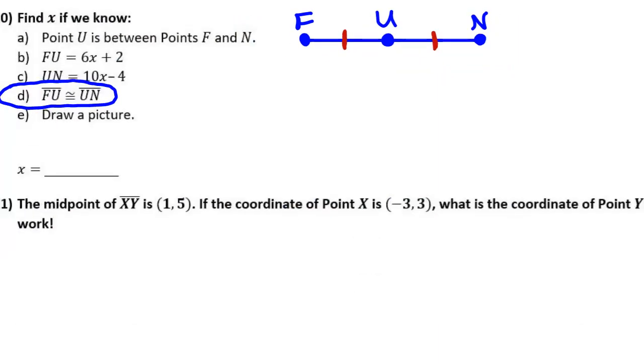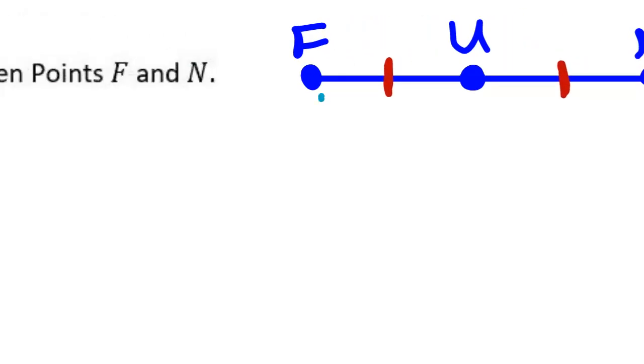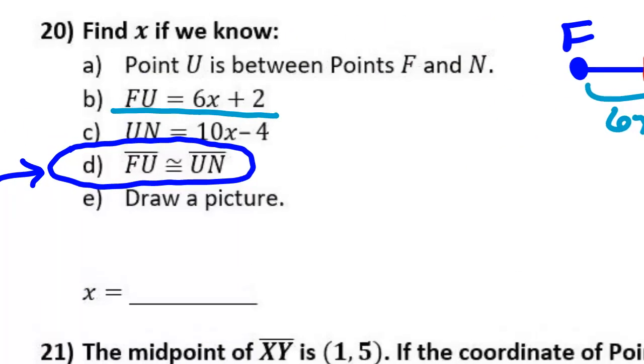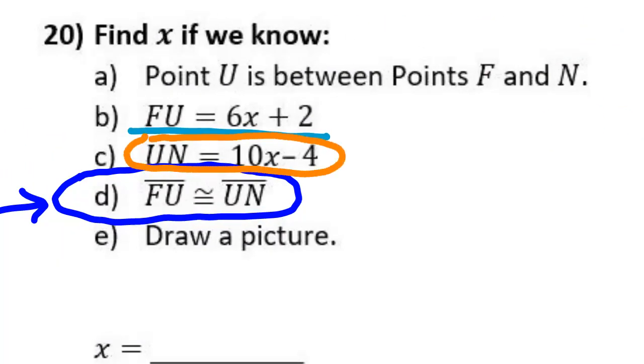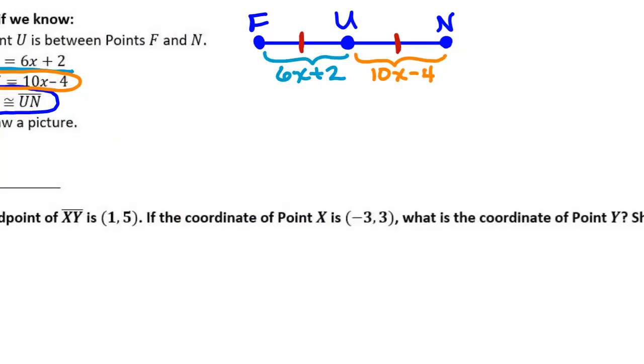All right. We know from statement B that FU is 6x plus 2, and from statement C, UN is 10x minus 4. And we are supposed to find x. Well, if segment FU and segment UN are congruent, then what does that mean about their measurements?